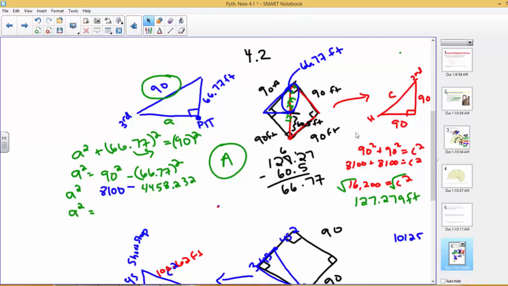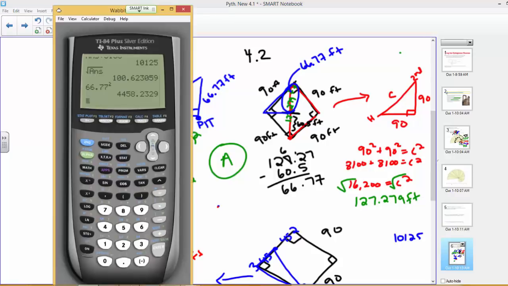So we're going to do 8100 minus that number, which is 3641.767.